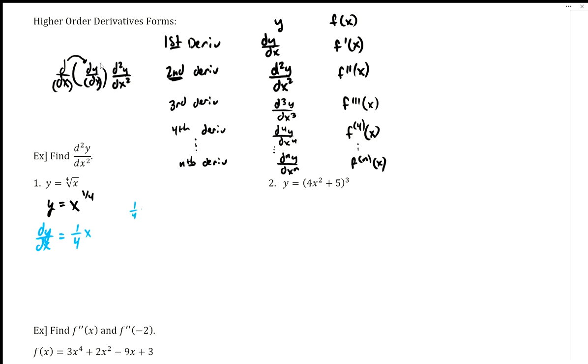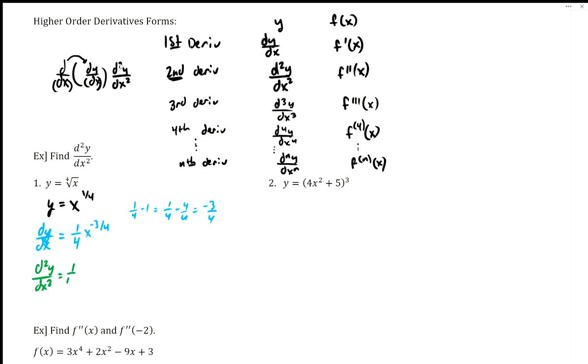If we need scratch work, that's fine. That would be -3/4. If you don't need scratch work, that's also fine. So there's our power there. And then what we're doing now is another derivative, because this is its own function. So d2y/dx2. It's still the power rule.